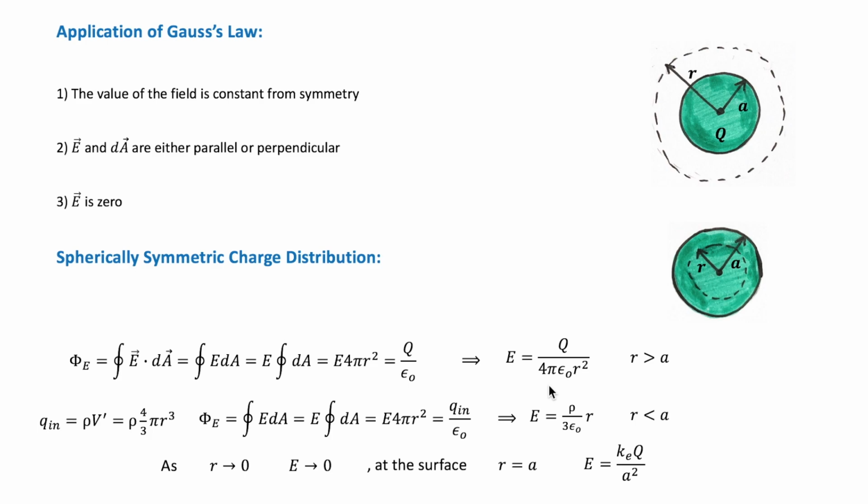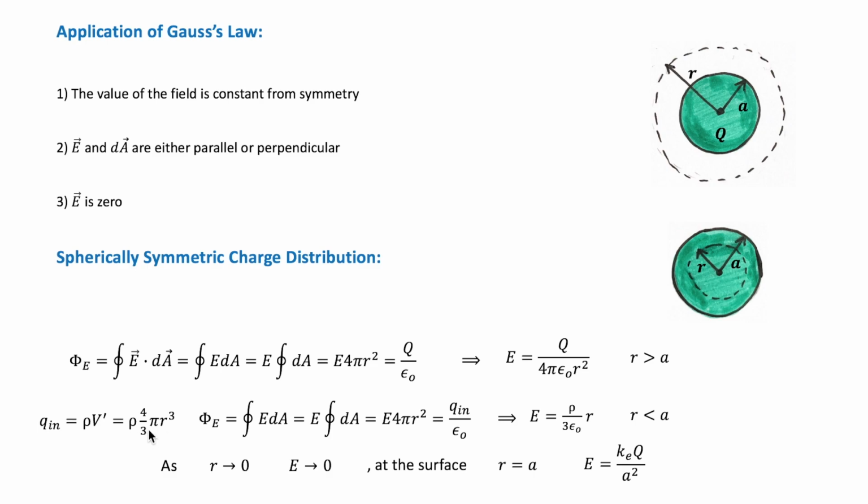So we want now to find the magnitude of the field inside the sphere. Again, we will choose a Gaussian surface of radius r that is concentric with the sphere. Let V dash be the volume of the Gaussian sphere, and Q in here is different than in this case. So Q in here includes only the charge within the Gaussian surface, which is equal to rho V dash, okay, equal to this.